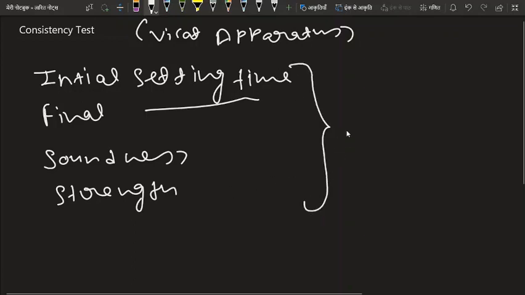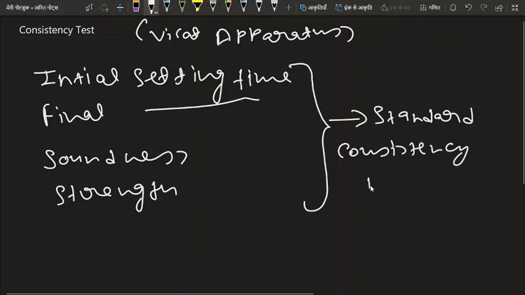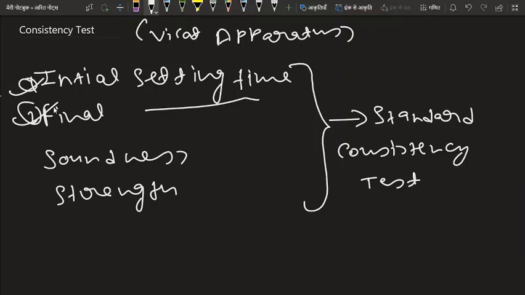All these four are related to the standard consistency test. Today we will discuss only these two points: initial setting time test and final setting time test of cement.